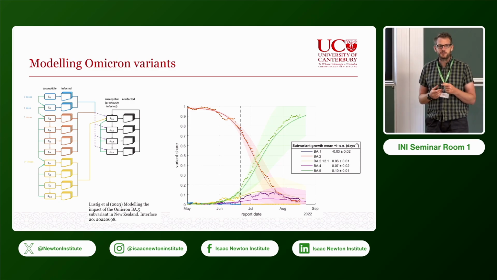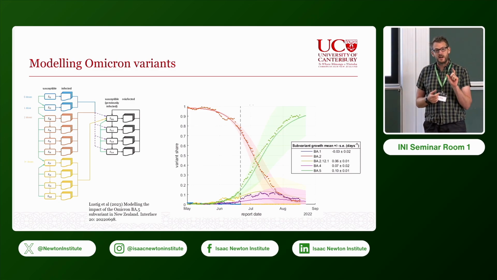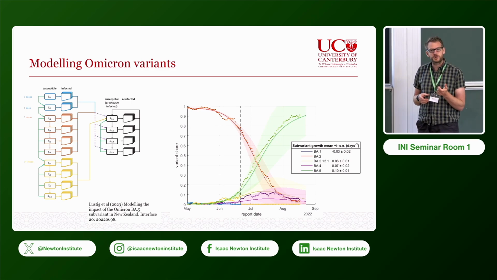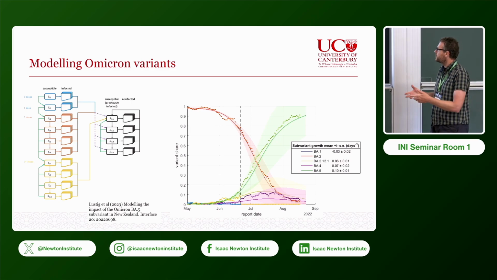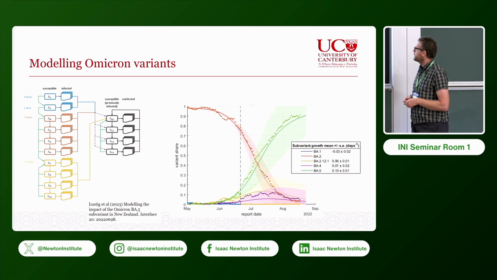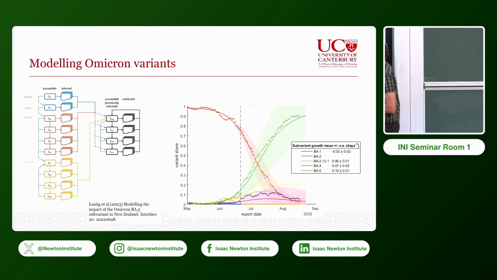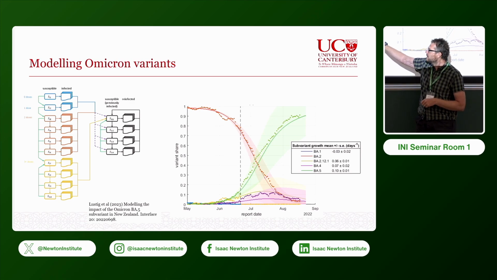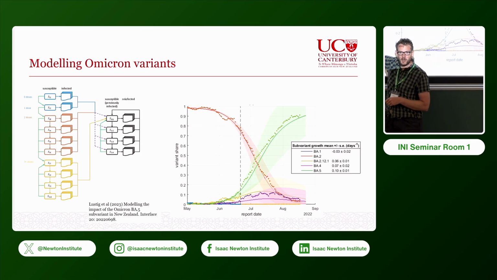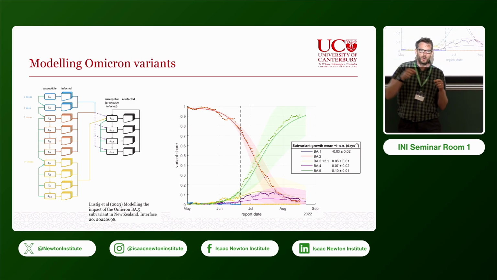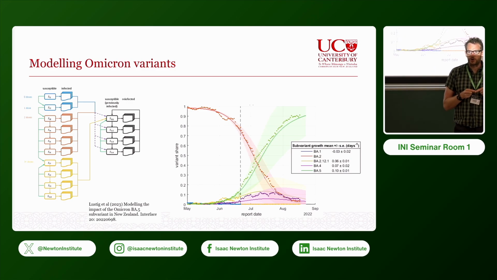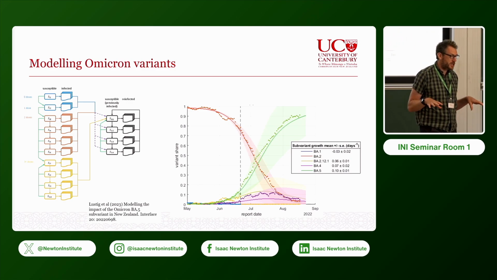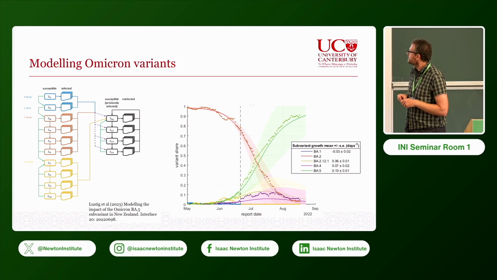We essentially assumed that there was a single variant, and then on a particular date or over a short window of time, the resident variant switched to a new variant. The new variant became dominant. And the way we modeled that was essentially a short period of accelerated waning. All of the waning process that's going on continuously in the background, we basically sped that up over a short window of time to represent the immune evasion effects of the new variant.